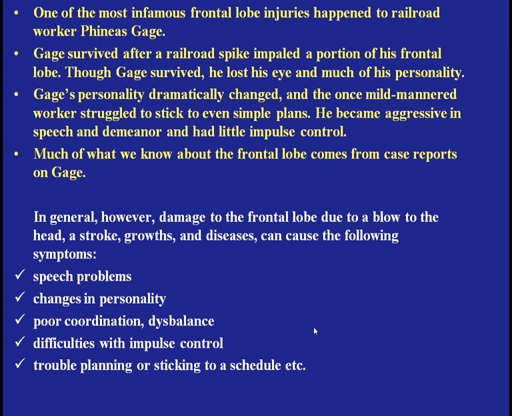Gage's personality dramatically changed, and the once mild-mannered worker struggled to stick to even simple plans. He became aggressive in speech and demeanor and had little impulse control. Much of what we know about the frontal lobe comes from case reports on Gage.